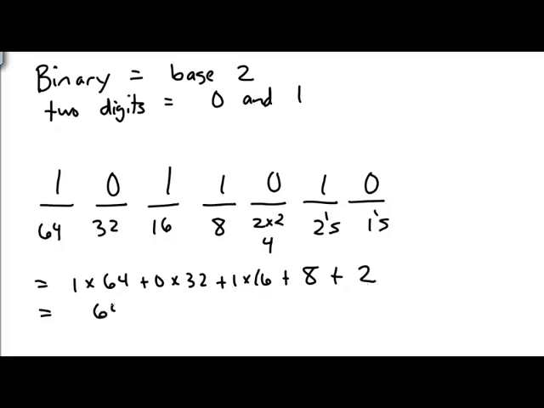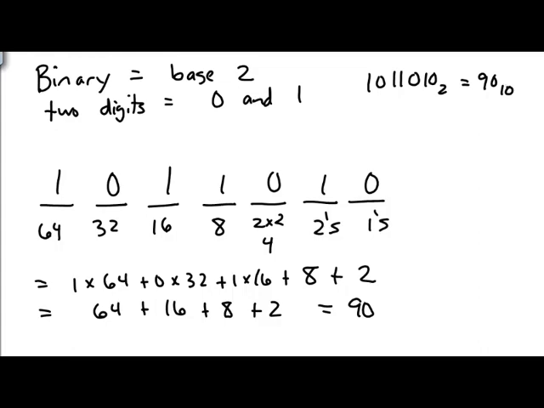So 64 plus 16 plus 8 plus 2. You can just see it across. A 64, a 16, an 8, and a 2, which is 64 and 16 is 80, 90. So we would say that 1011010 in base 2 is the same thing as 90 in base 10.